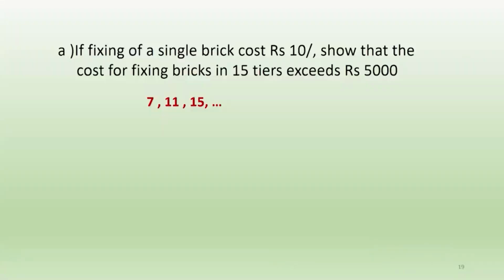First we write the progression, then we write the things we know here: the first term, the common difference, and the number of terms. Number of terms means number of tiers, since this question is about the number of tiers. Here we have to find the sum up to the 15th term.